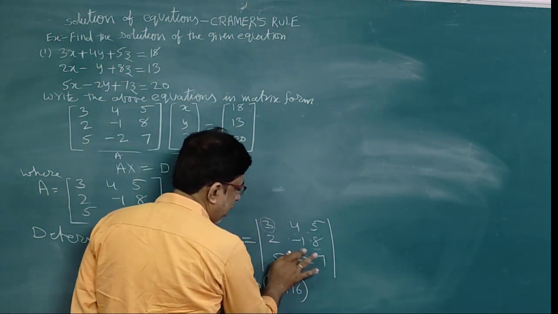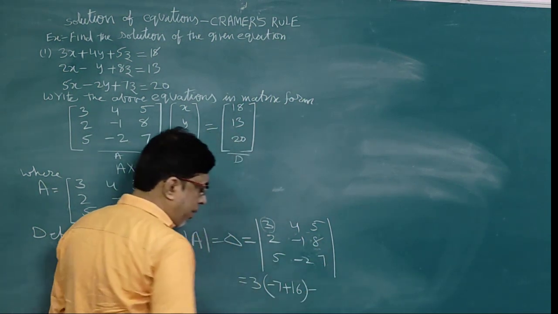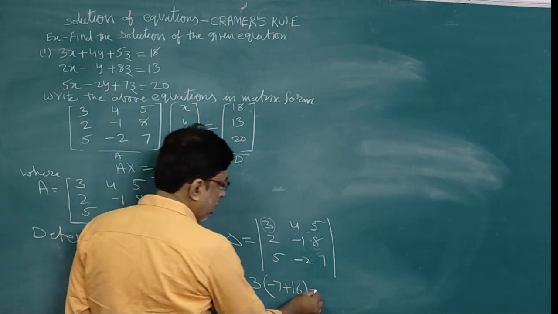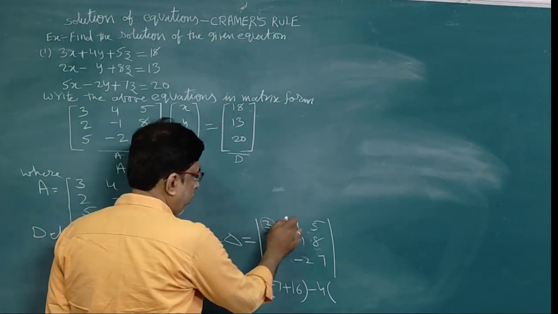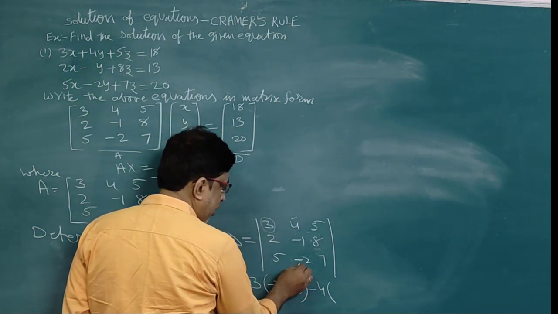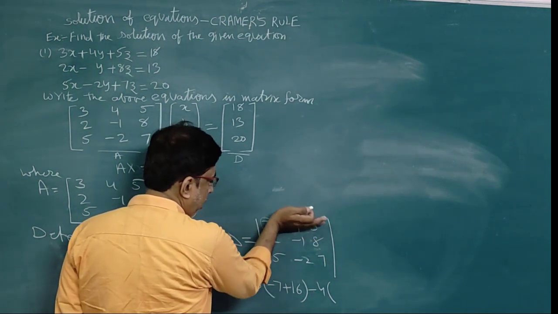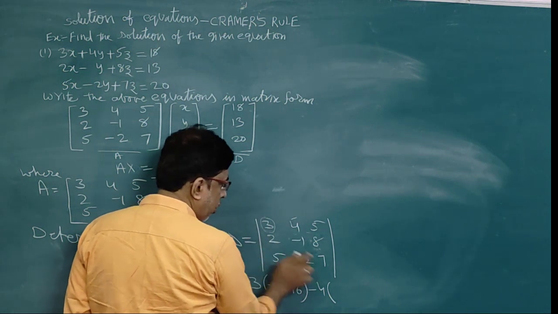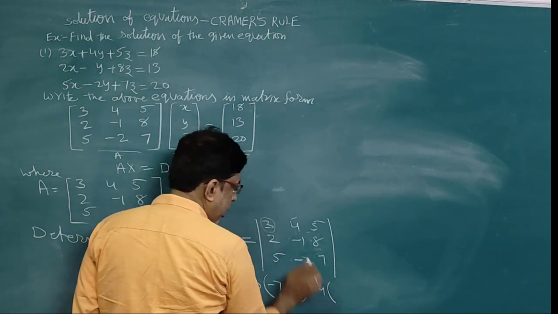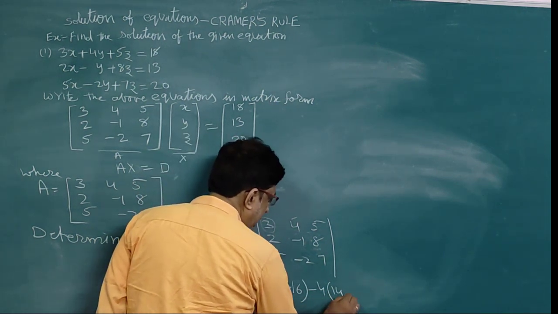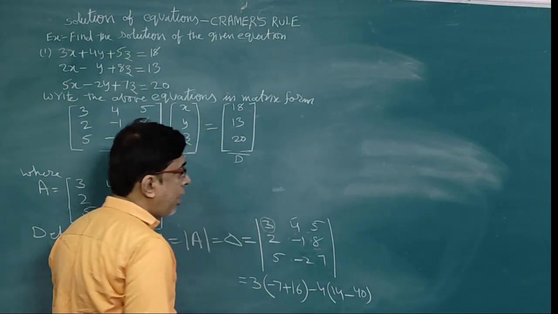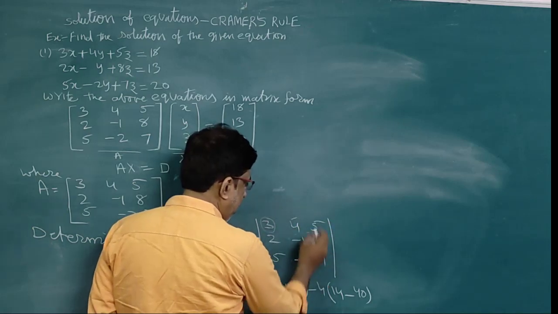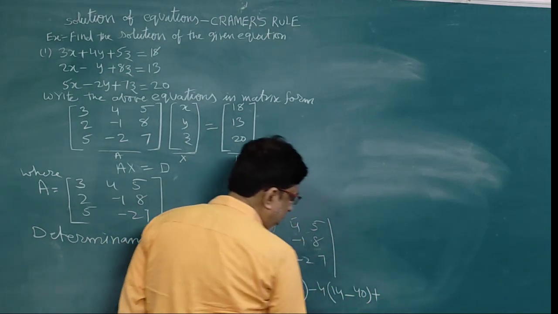Now, second, the sign is minus, as I told: plus, minus, plus. So minus 4. Now the cofactor for 4: this row and this column go away, leaving 2, 7, 8, 5. 2 times 7 is 14, minus 8 times 5 is 40. Next is 5, which has a plus sign.